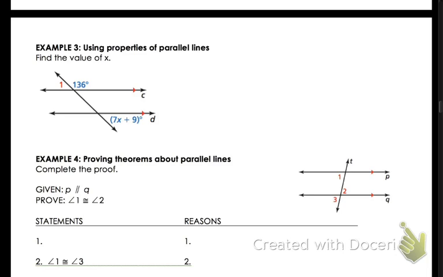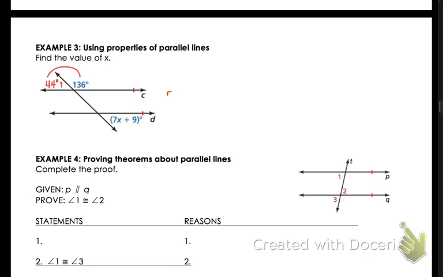These two are both on the outside of the line, so we might want to think about alternate exterior, but the problem is that they don't alternate. So again, we have to try and figure out something else. And so I would use that same idea of a linear pair, and if we subtract here, we get that angle 1 is 44 degrees.